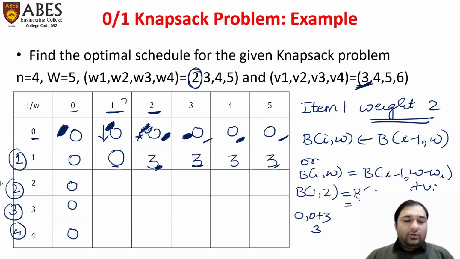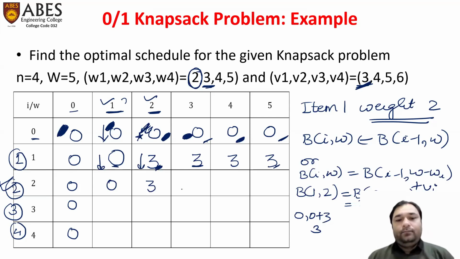Now, if we talk about item number 2, item 2 has a weight 3. So what we are saying is, when it is 1 or 2, we will be taking previous values, that is 0 and 3. While calculating this, we are taking reference as this, right?